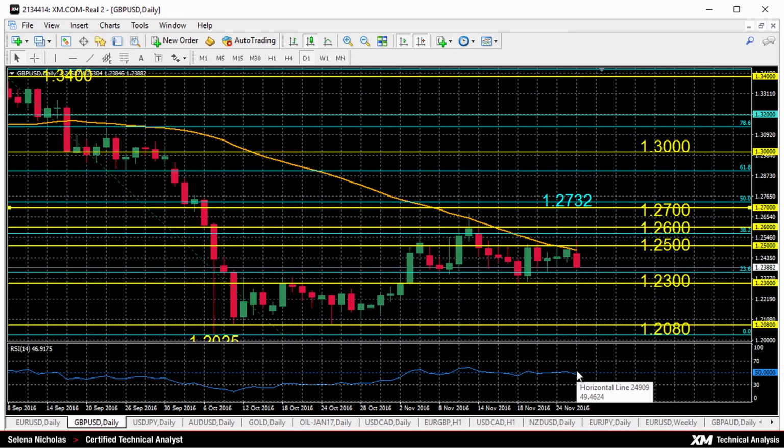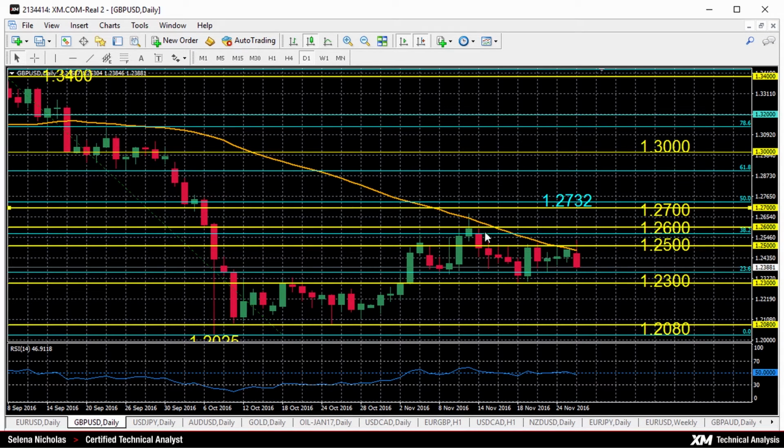RSI, it's flat, hugging the 50 line, so this suggests consolidation is expected to continue in the near term. 50-day moving average now is acting as immediate resistance. It's around 1.25, just below it.